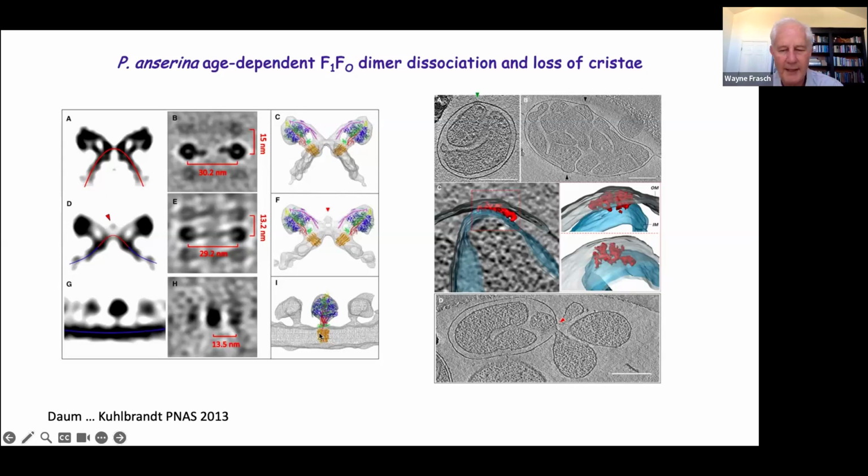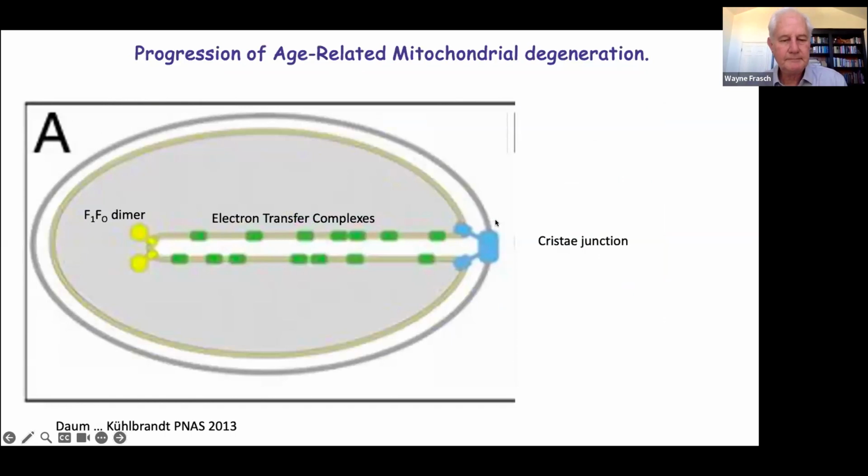Ultimately, they form monomers. And in so doing, you see the entire loss of the cristae inside the mitochondria. At the same time, in the very latter stages, you'll start to see an increase in the association of the inner membrane with the outer membrane.